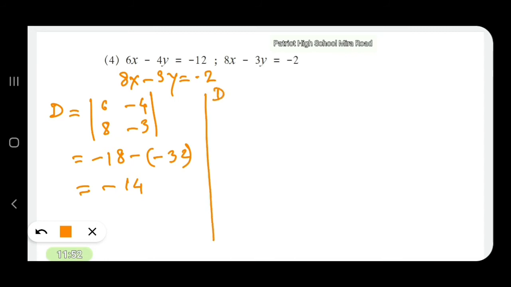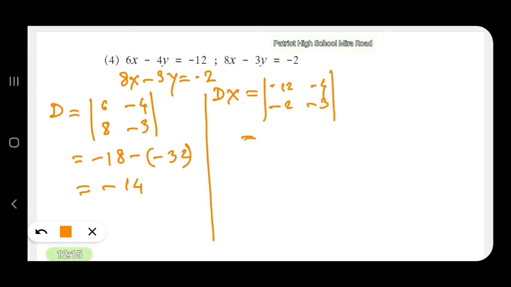Dx, bringing the third column in the place of the first column, we have dx is equal to minus 12 minus 2, and here we have minus 4 minus 3.